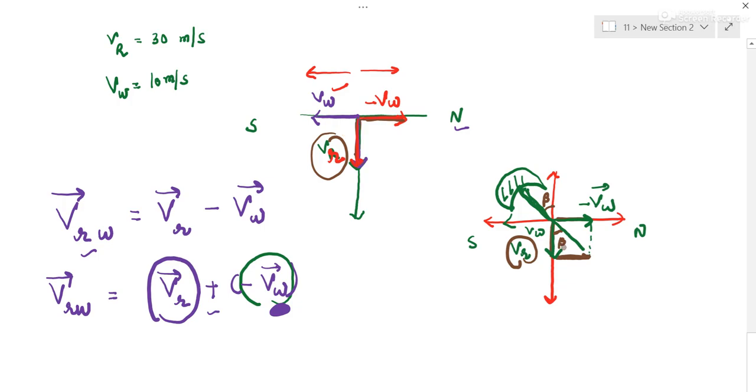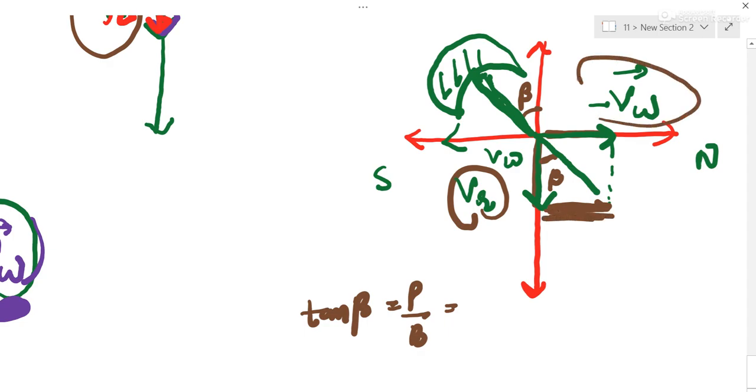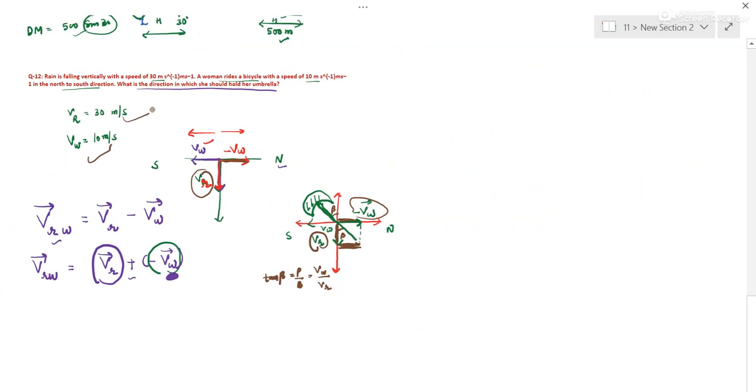So in this diagram we can tell tangent beta is equal to perpendicular by base, and perpendicular is this line, that is the velocity of woman, upon the base, this line, that is the velocity of rain. The velocity of woman is 10 meters per second, and rain is 30.